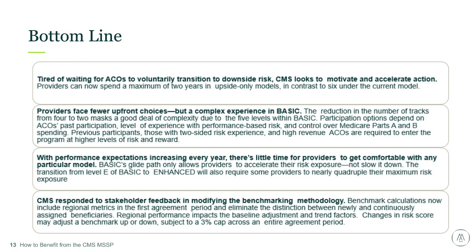CMS did respond to stakeholder feedback in modifying the benchmarking methodology, which we went through earlier, and they've also helped to remove some of the application barriers, which we had heard as an industry were preventing many groups from joining because it was such an arduous process.